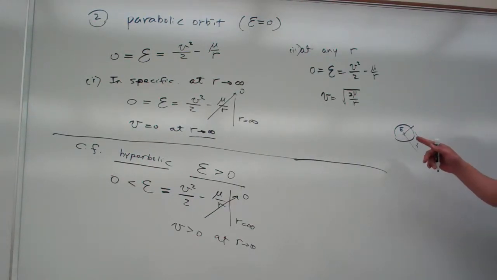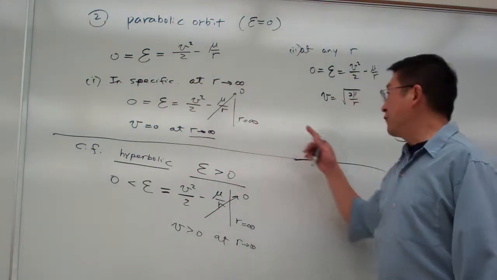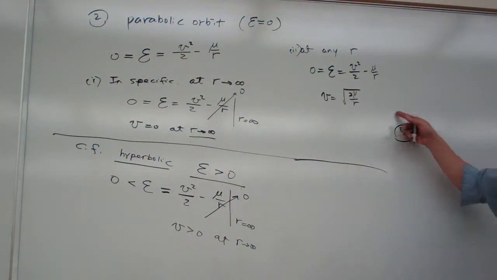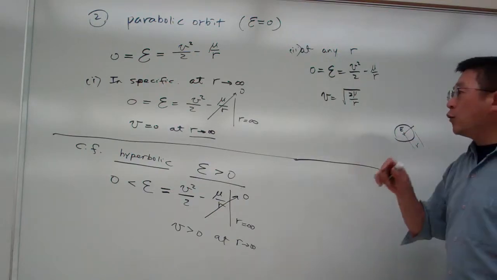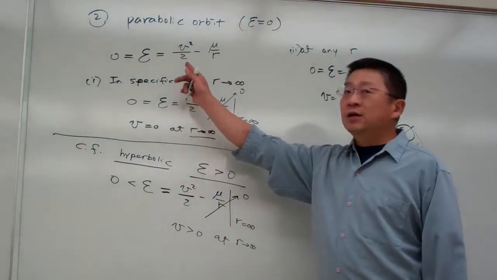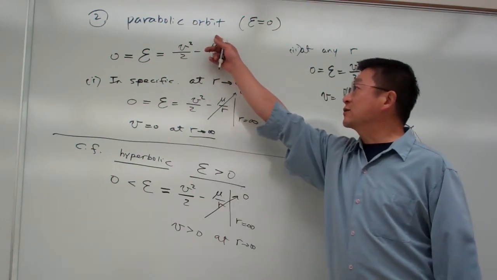Otherwise, if your energy is less than 0, then eventually you wind up in a different size of cyclic motion, right? So the minimum required energy for sending things very far away, no returning ticket, is to go to here.